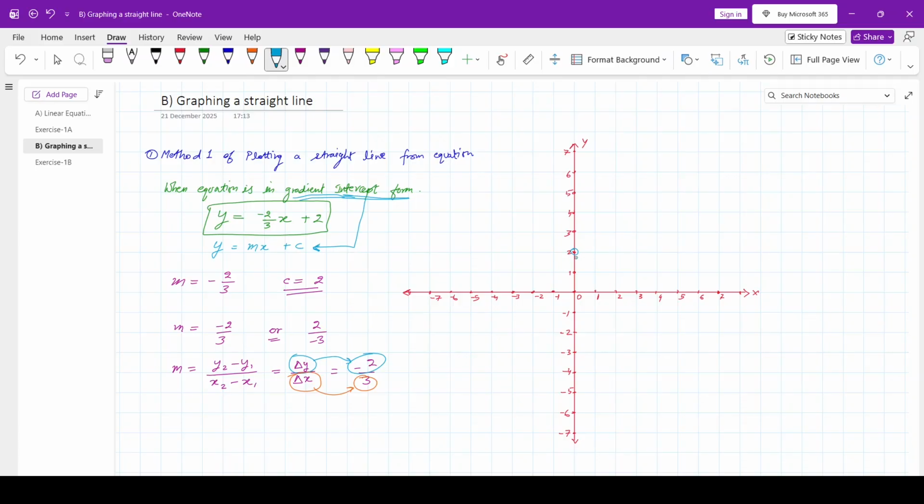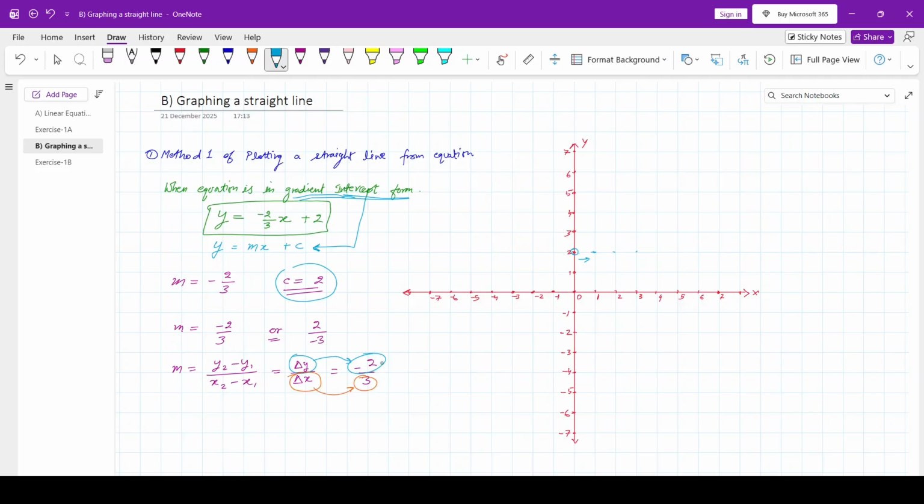We can take this point, the one we have plotted from the y-intercept, as our starting point and we move 3 units in the x direction, that is positive 3. So 3 units in the x direction will be this way: 1, 2 and 3.